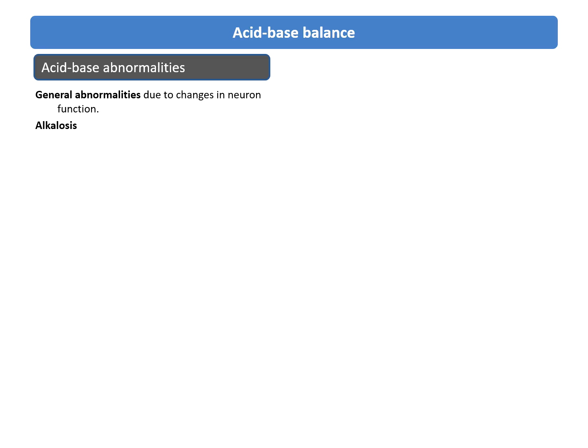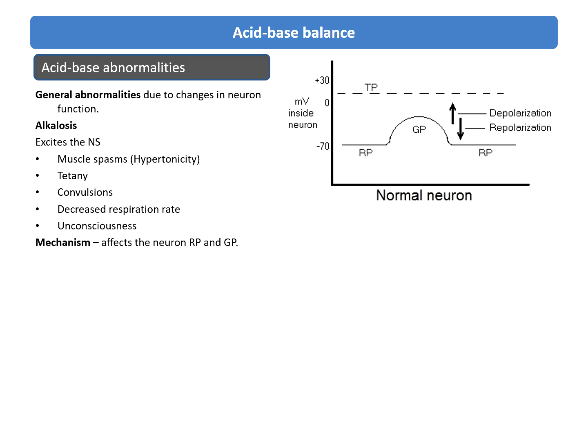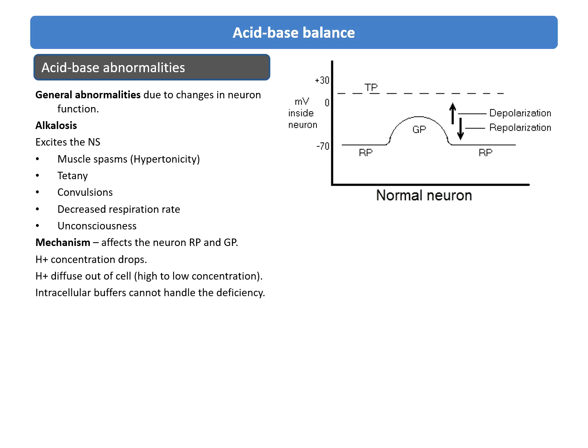What about alkalosis? Alkalosis tends to excite the nervous system. It leads to muscle spasms, hypertonicity, tetany, convulsions, decreased respiratory rate, unconsciousness, and perhaps more serious consequences. Again, the mechanism affects the neuron resting potential and graded potential. The hydrogen concentration rises, hydrogen diffuses out of the cell from high to low concentration. Intracellular buffers cannot handle the deficiency.